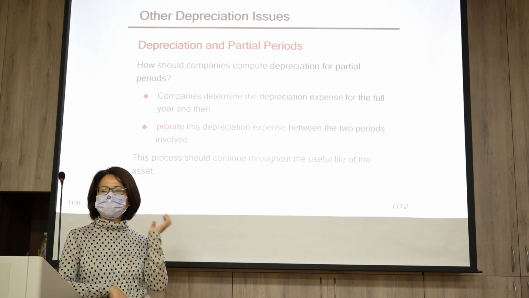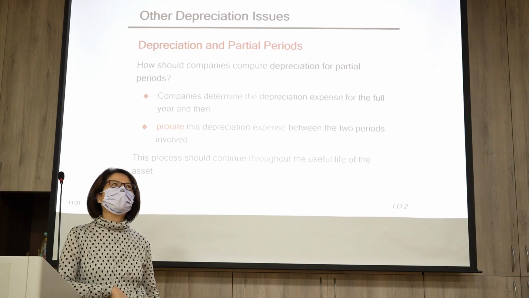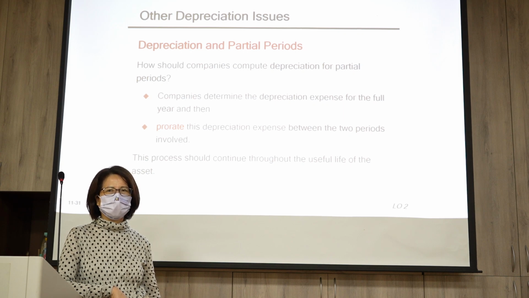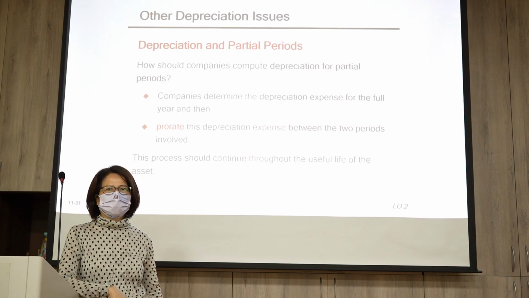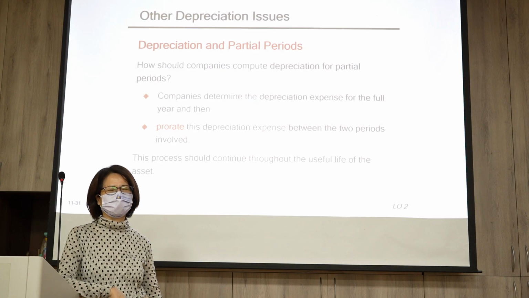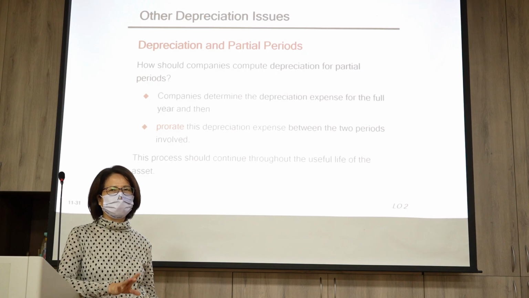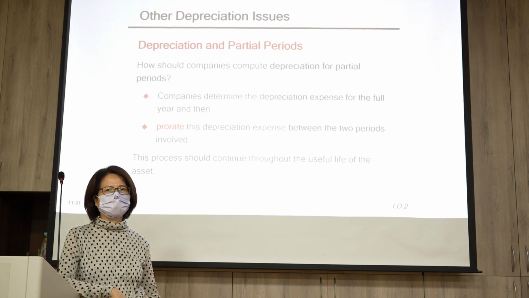For example, if you purchase one asset on, let's say, July 1st, what would be the proportion that you will depreciate, Furumo? Because it's not purchased at the beginning of the period, at the end of the period, how are you going to do the depreciation for this asset?